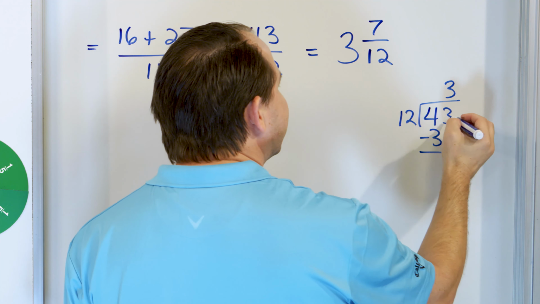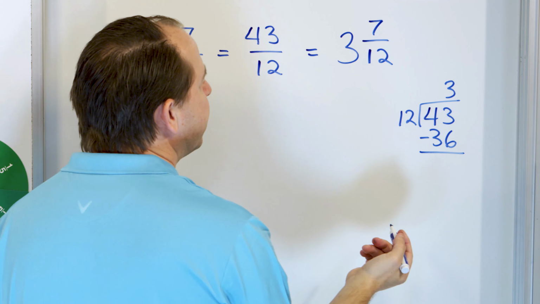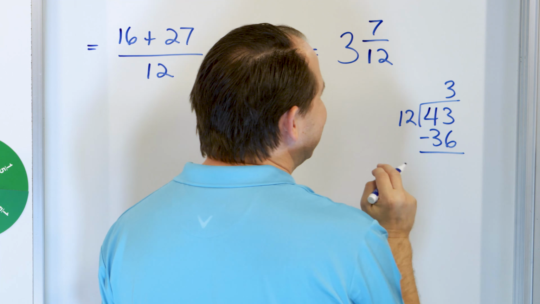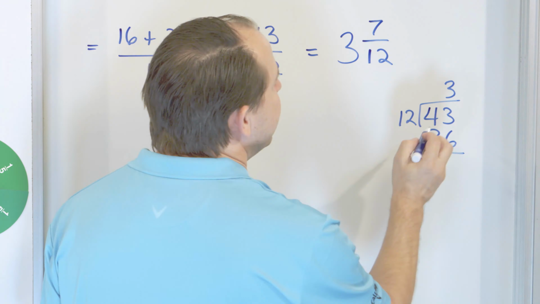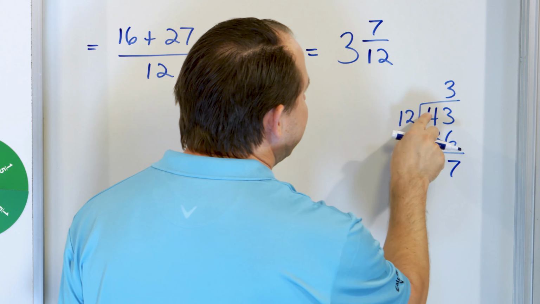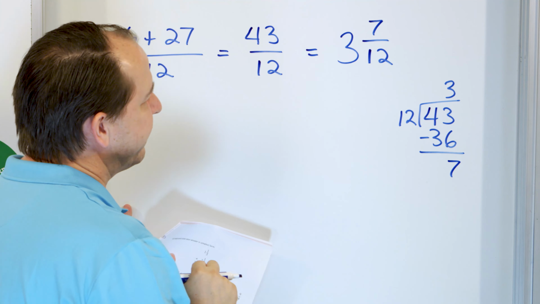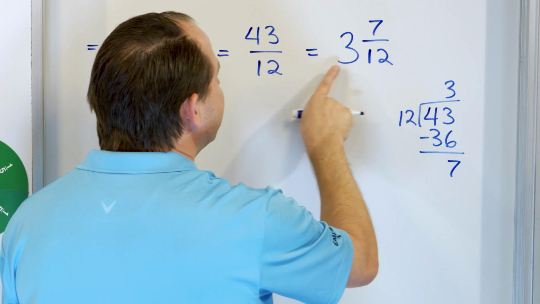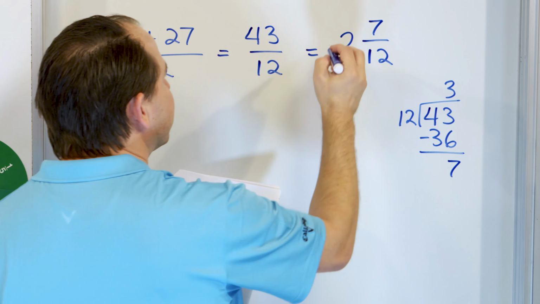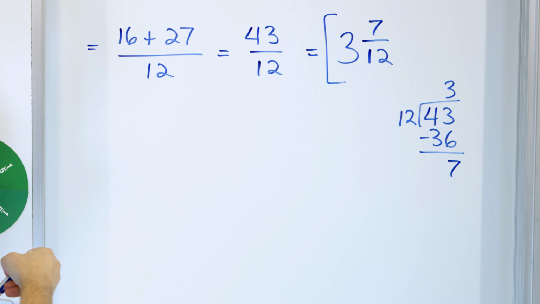And you can borrow, make this a 13, or however you want to think about it. If you borrow and make this a 13, then 13 minus 6 is going to be 7, and then you borrowed, so this will be a 3 minus 3, which is 0. So what we're saying is it goes 3 whole times with a remainder of 7, and it's out of 12. So it's 3 and 7/12.